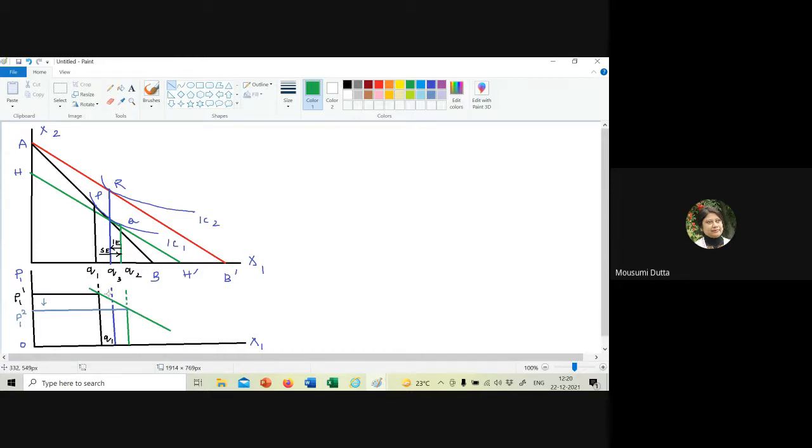So this green demand curve, is it the Marshallian demand curve or the Hicks compensated demand curve? Hicks compensated demand curve. Why is it the Hicks compensated demand curve? Why are you thinking that it is the Hicks compensated demand curve? Anyone else?